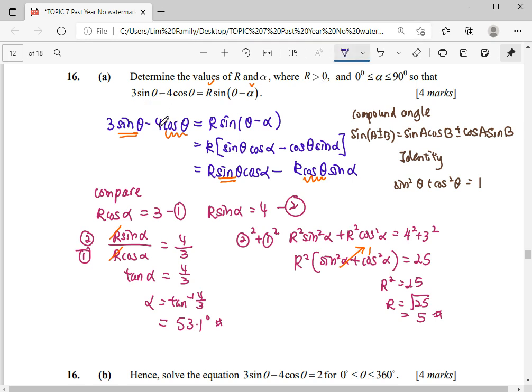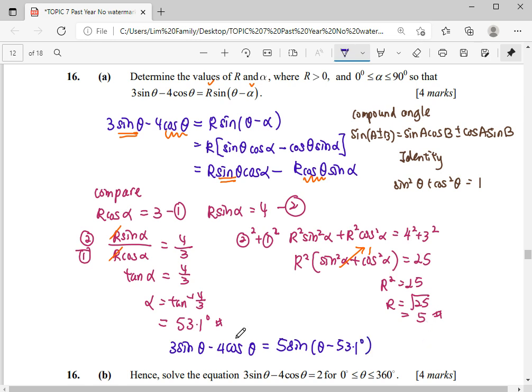When we have two terms of single trigo, sine plus or minus cos, we managed to express it in a single term of sine. So we write back our answer. That will be 3 sine theta minus 4 cos theta, which equals r, and our r we got the answer of 5, sine of theta minus alpha, where alpha is 53.1.